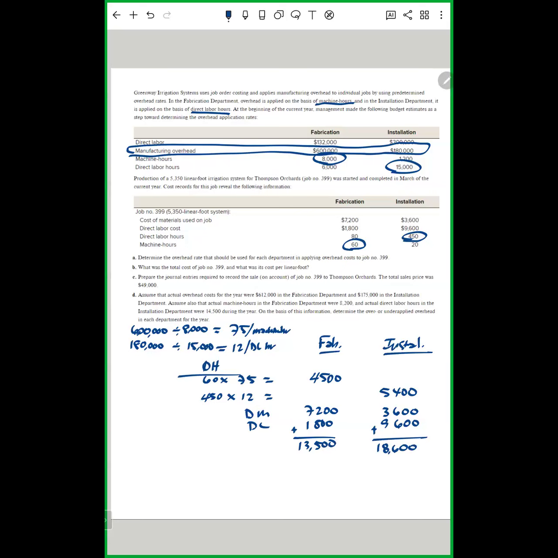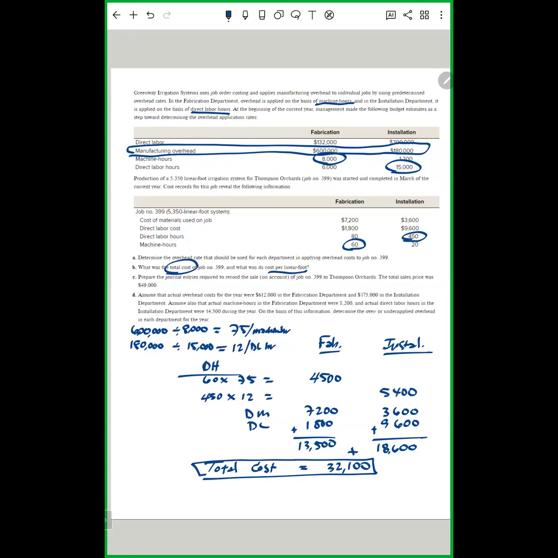I want to know total cost. So we need to add these two together, and I get 32,100. So this is total cost. But then we want to know what is the cost per linear foot.